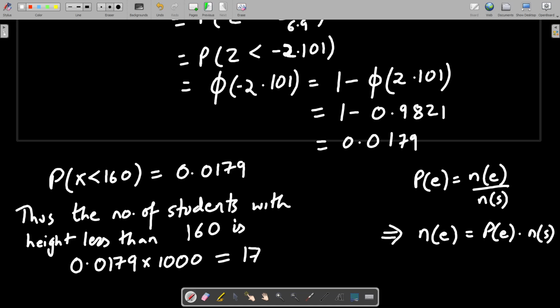This is equal to 17.9, approximately 18 students. Okay, so approximately 18 students are having height less than 160 centimeters.